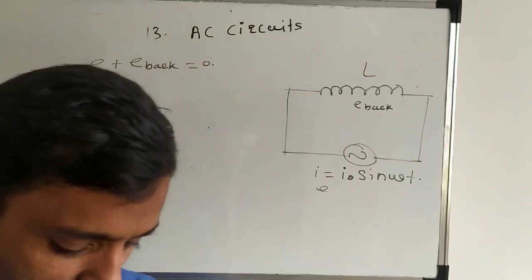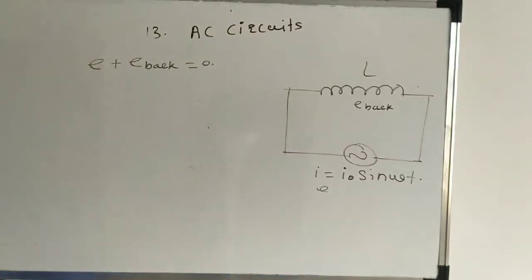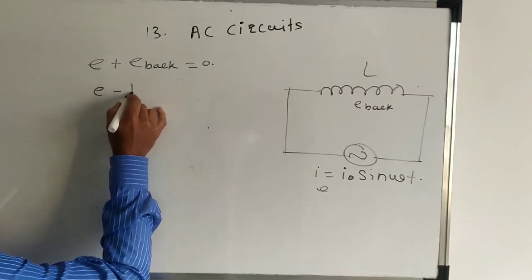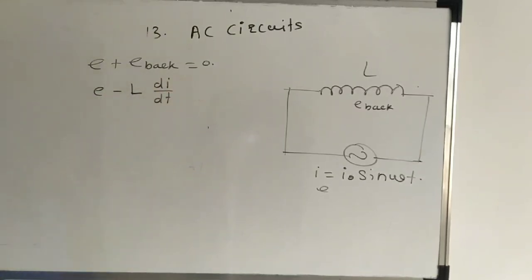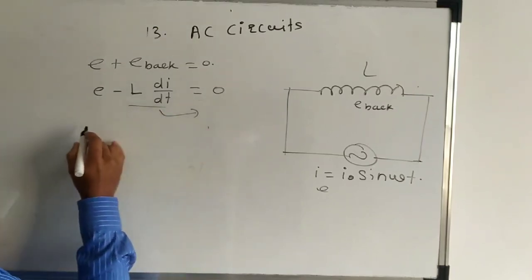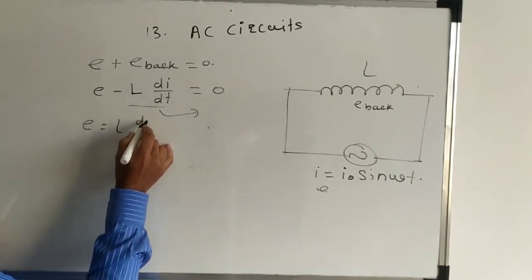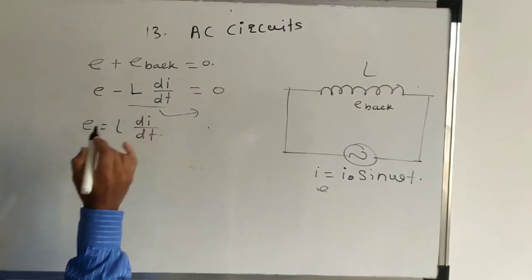From the previous chapter we already know the value of back EMF or the induced EMF, which is L di by dt. From this equation we can write E equals L di by dt.